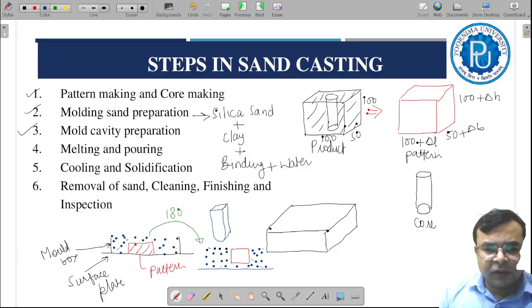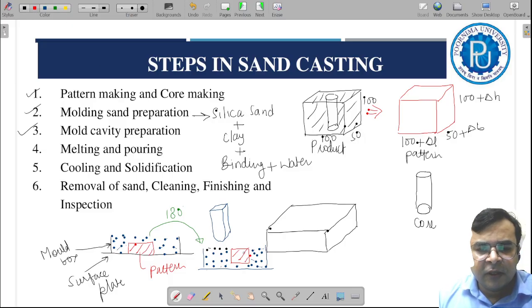Only the mold box is inverted. After inverting, the pattern is now placed at the top of the system. After doing some small shaking, we remove it, and once you remove it, you will get a cavity like this.